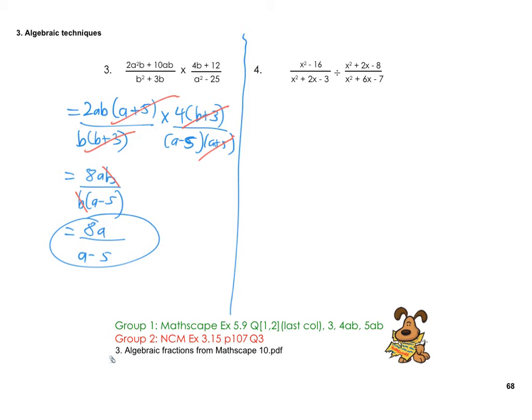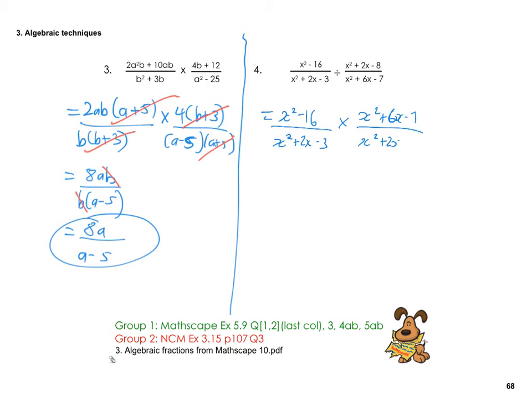Okay, question 4 is a doozy, that's for sure. There's a lot going on here. We're dividing, we've got some trinomials as well. But let's start by timesing and flipping this. Okay.